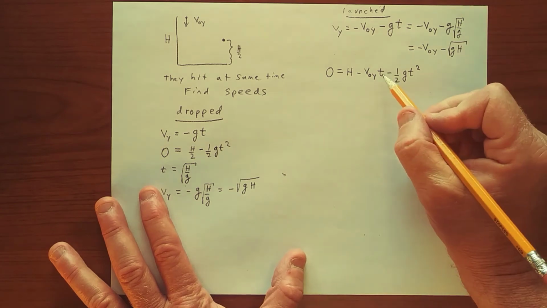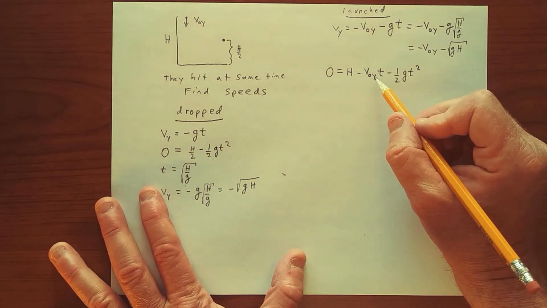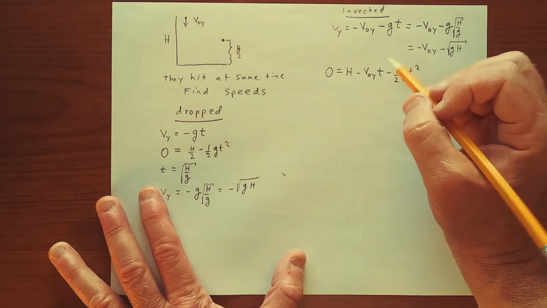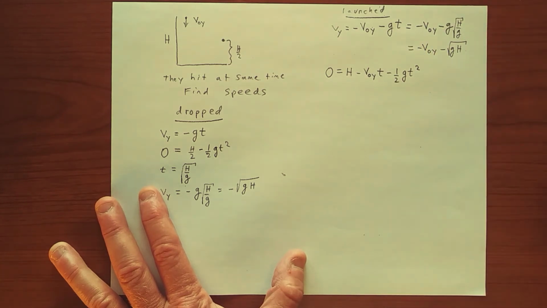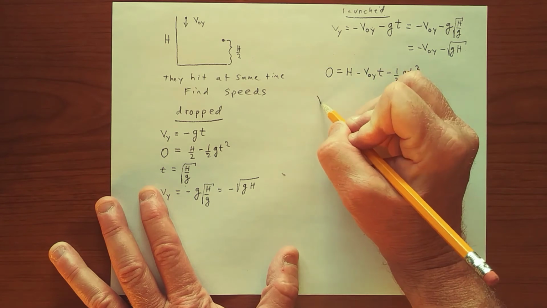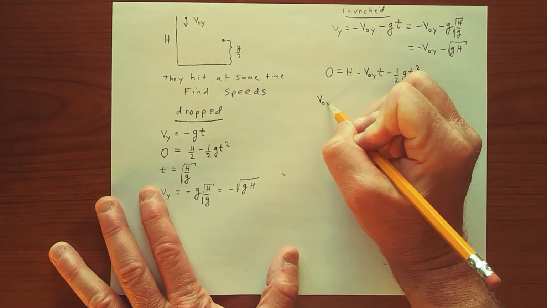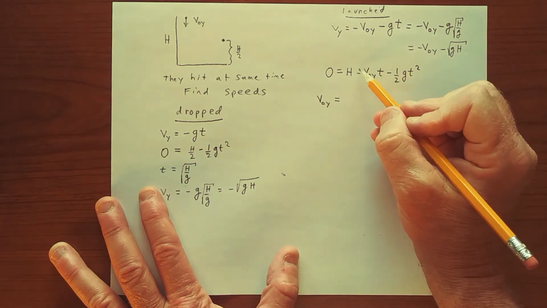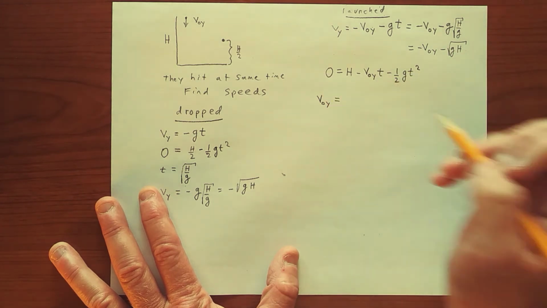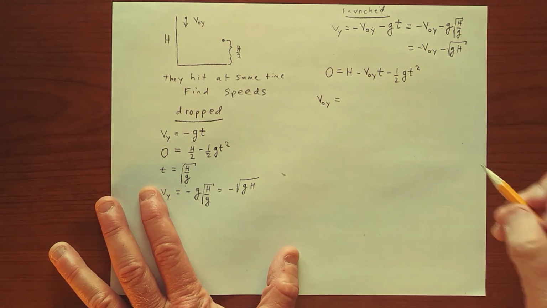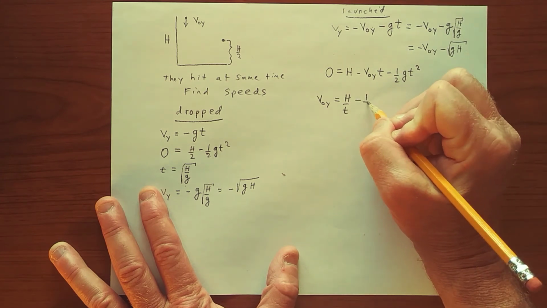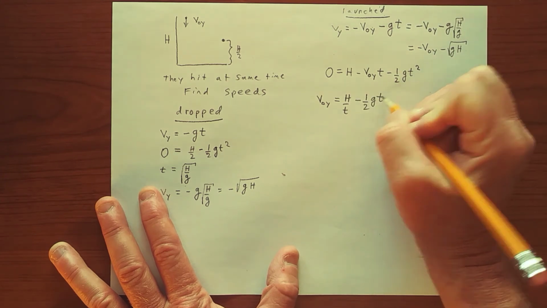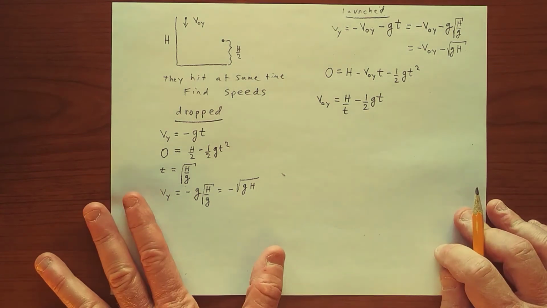But we already know the time, right? So we can use this equation to find the v naught y and then plug it into there to find the Vy. So from this equation, v naught y is equal to what, right? We'll take this term and bring it over here so that it's positive, and then we have to divide by t, and so we'll get h over t minus 1/2 gt, because we divide that term by t as well.